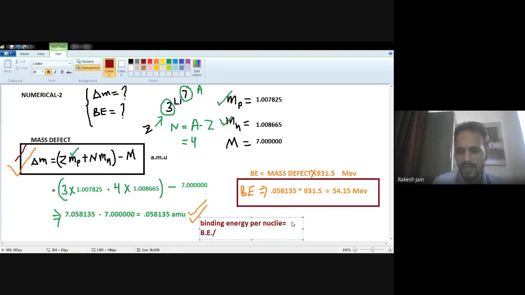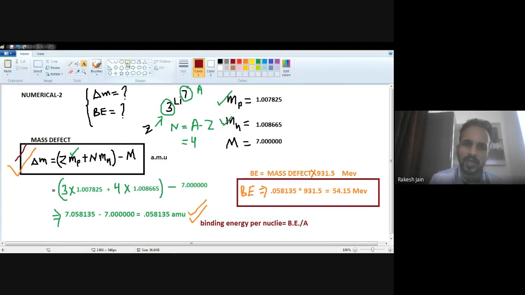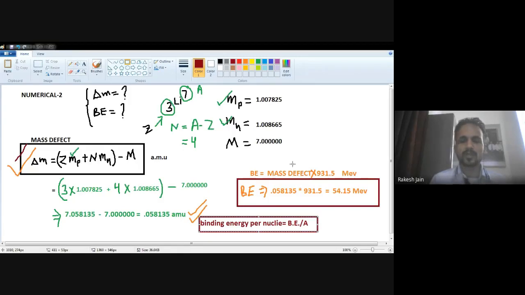The total number of protons and neutrons present in the nucleus is abbreviated as A. So when the binding energy is divided by A, we get the binding energy per nucleon for any kind of numerical. If someone asks you to calculate the binding energy per nucleon, you should use this third formula: the binding energy divided by the sum of the number of neutrons and protons present in the nucleus.